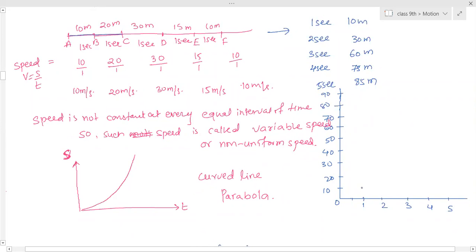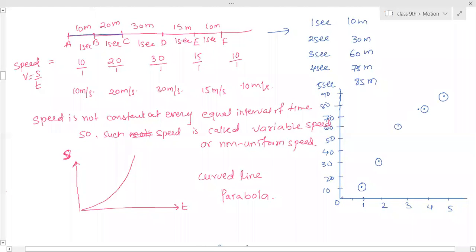So in 1 second, 10 meters; in 2 seconds, 30 meters here; in 3 seconds, 60 meters; in 4 seconds, 75, somewhere here; and in 5 seconds, 85 here.